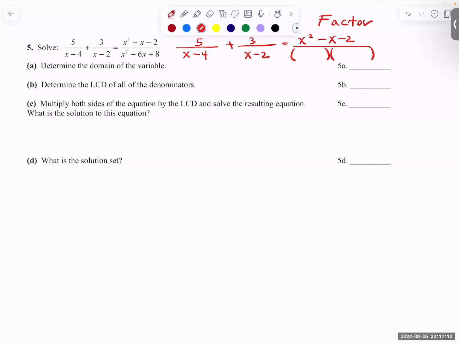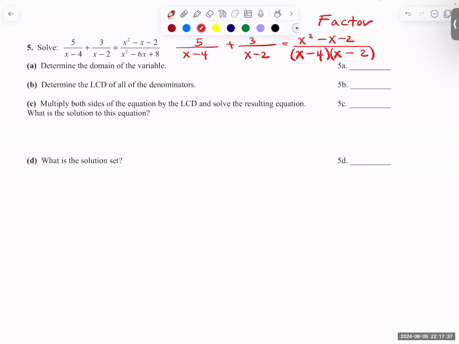So we have the two binomials, first term x, and 4 times 2 is 8. Then we would figure out the signs, or to get a minus 6 and a plus 8, we need double minuses. And so multiply that out to check it.